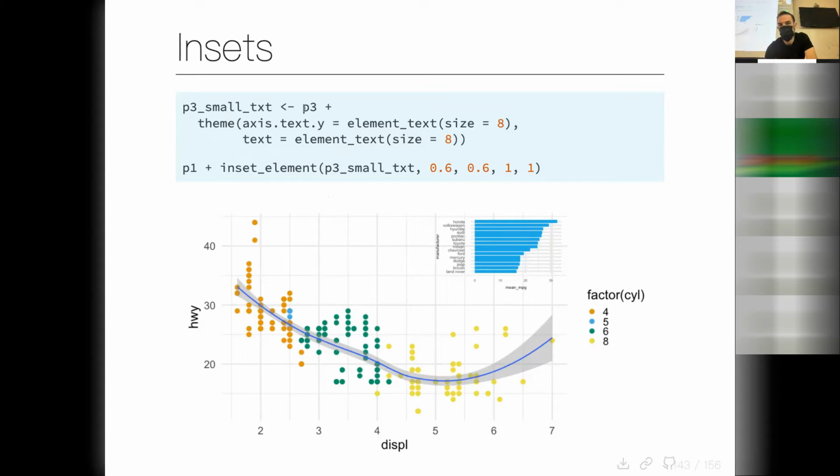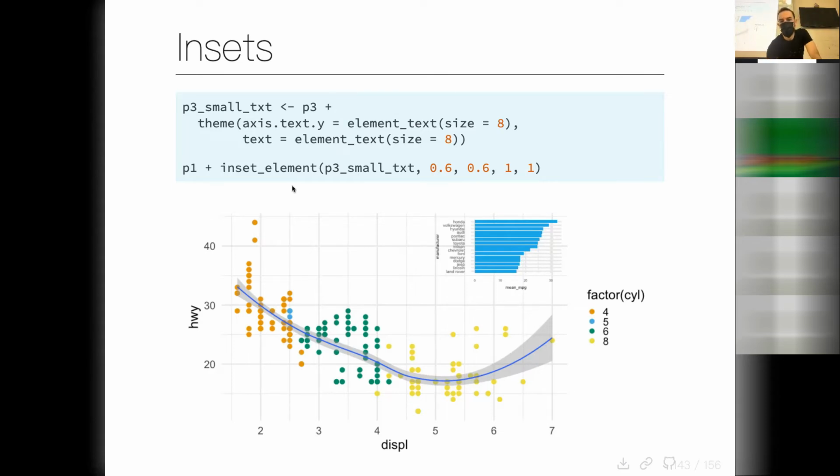In this case, I'm creating this p3 small text because I just wanted to reduce the size of the text for this image, since I'm going to put it inside of the other one. The text was so big before that all of these labels were overlapping on top of each other. This is also very small at this point, but who knows how big we're going to output it. We could be outputting it huge.